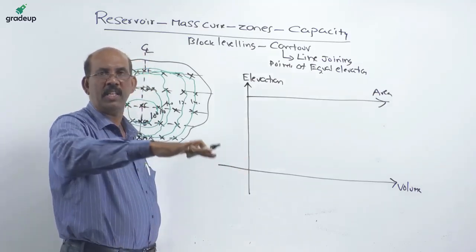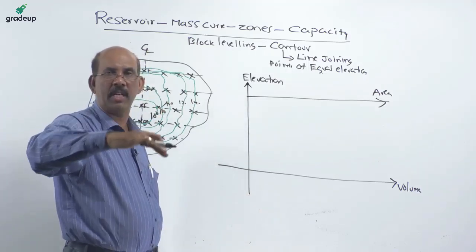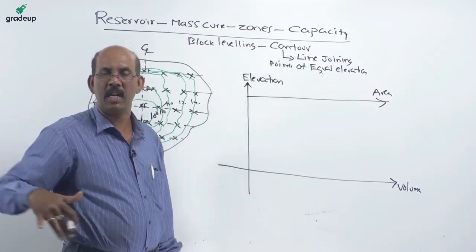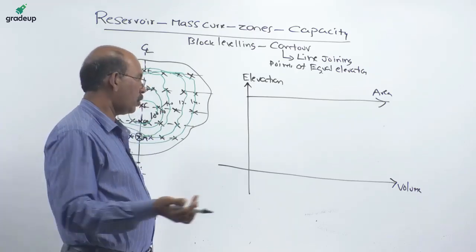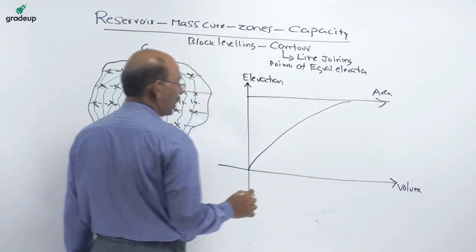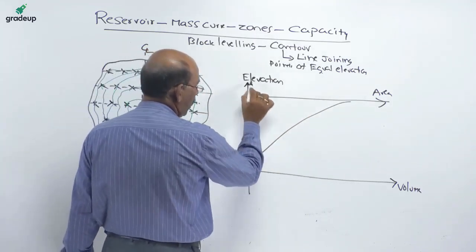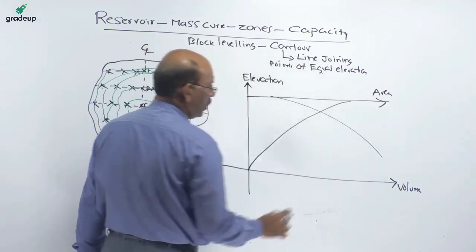As the elevation increases, volume increases, that means the depth or height of the dam increases, and the volume of water is also increasing. So coming to this one, this is one curve, and coming to the elevation versus the area, this is the curve.